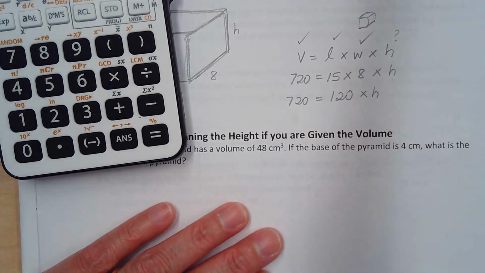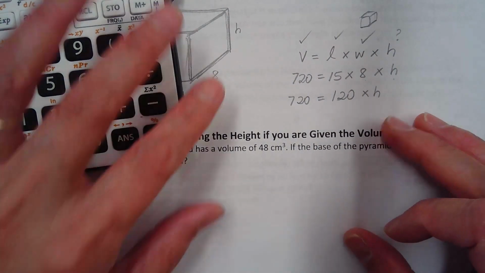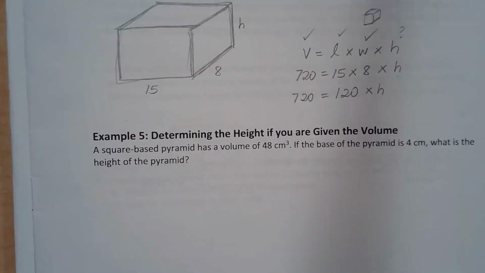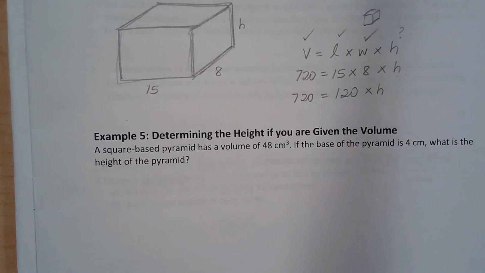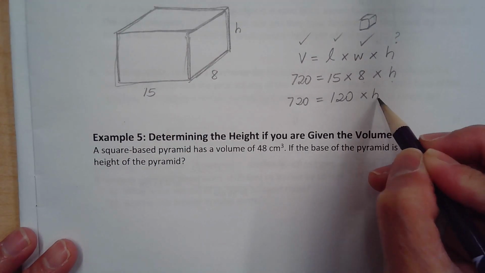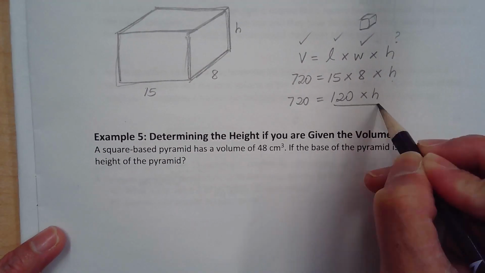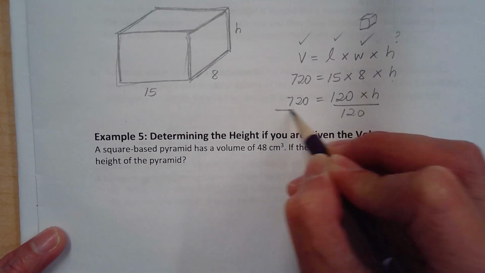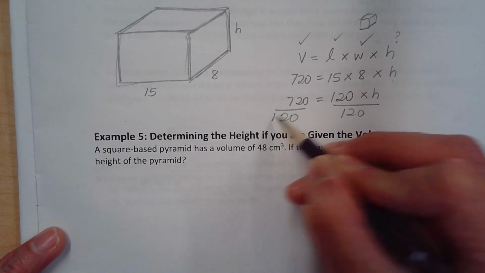So what he's trying to do is the strategy of solving an equation, right? Isolating the variable. And I think now people are saying, oh yeah, we could do that. 120 times h. How do I get the h alone? Divide by 120. I have to do it for both sides.